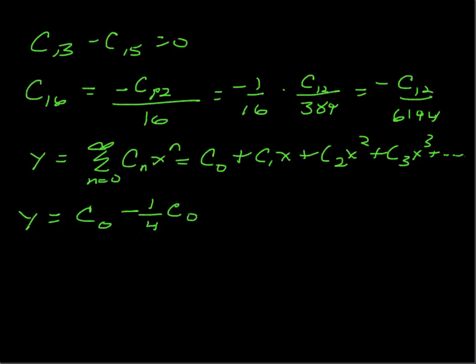Minus 1/4. It's hard when I don't have the previous work. 1/4 C0, that's going to be x to the fourth, because that's the fourth term. Plus, and then I think it was C0 over 32, x to the eighth was the next term, minus C0 over 384, x to the 12th.